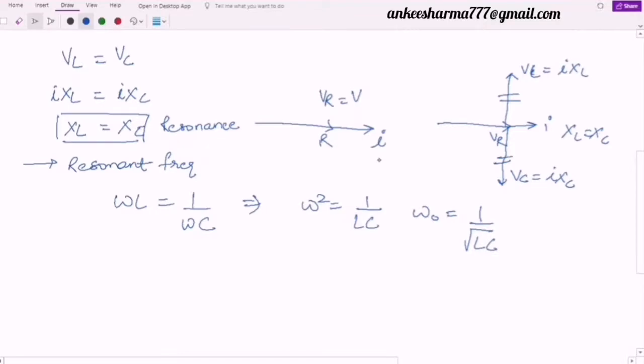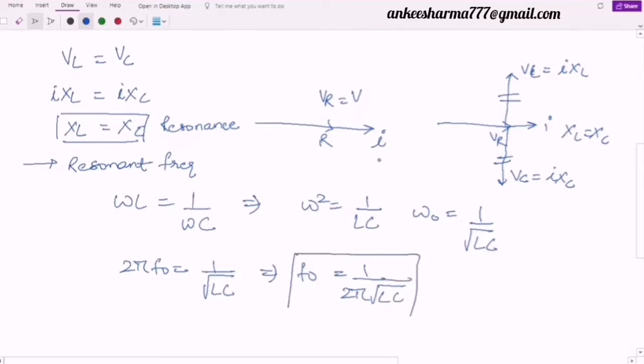If I convert it to frequency, 2 pi f naught is equal to 1 by root of LC, and this implies our f naught is equal to 1 by 2 pi root of LC. This is my resonant frequency.